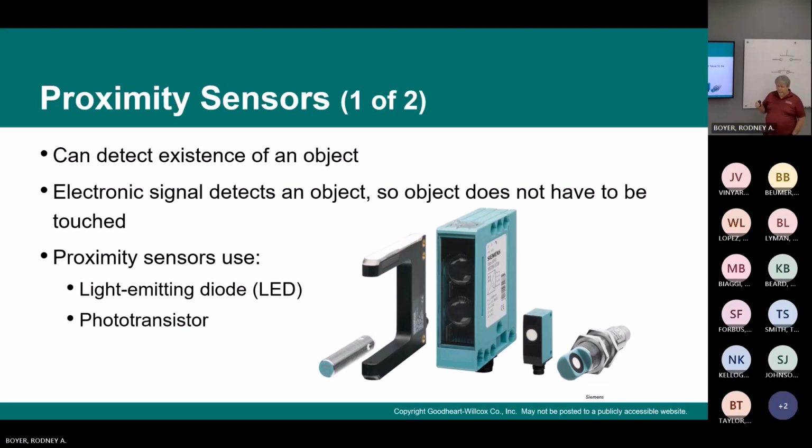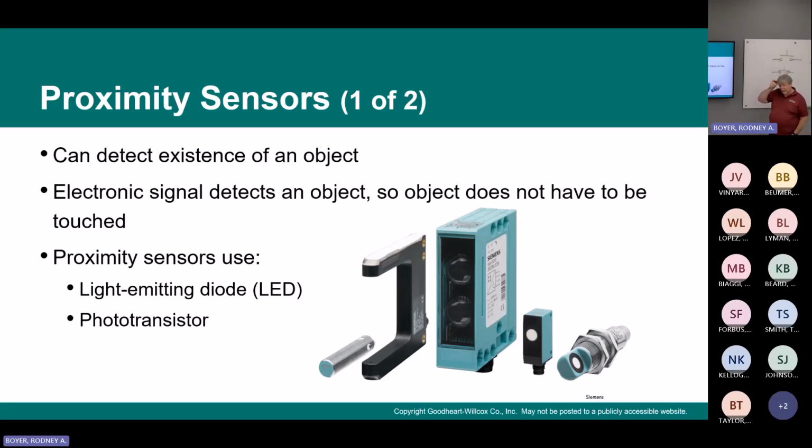They work on either capacitance or inductance, depending upon what you're trying to do with them. If you want to detect metallic objects, it's an inductive sensor. If you want to detect plastics and that sort of thing, you use capacitance.